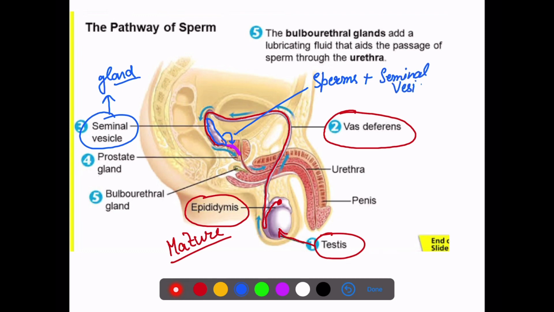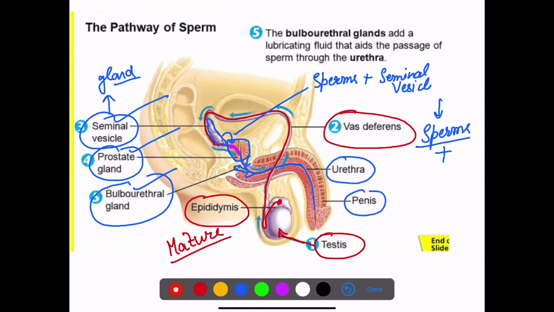That now goes to the urethra, it is added to the urethra. Now there is another gland just below the urinary bladder, that is the prostate gland. It also releases its secretion into the urethra. Then there is the Cowper's gland, which is present just below the prostate gland. It will also release its secretion.